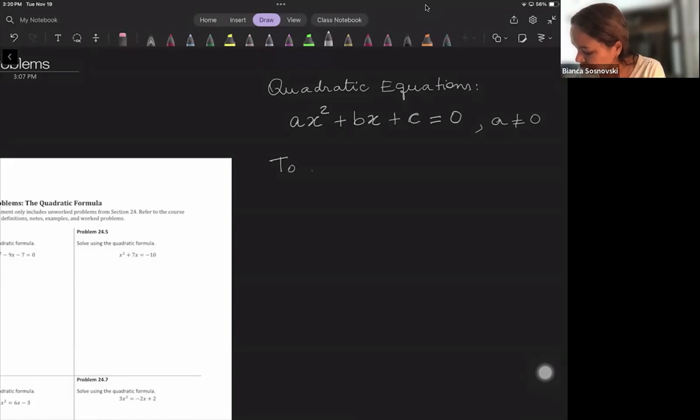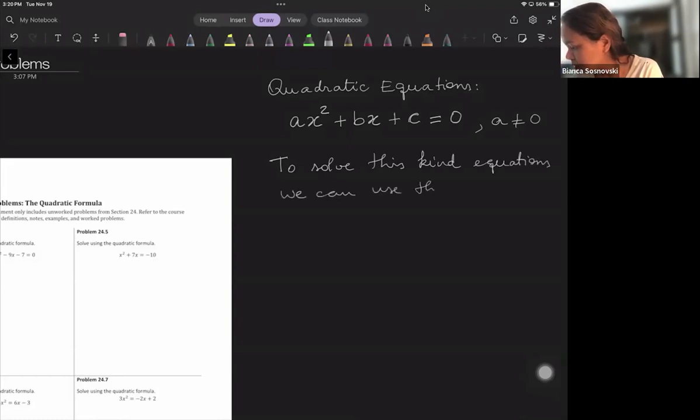So to solve this kind of equation, we can use the formula. To get an answer means to get a value of x, right?